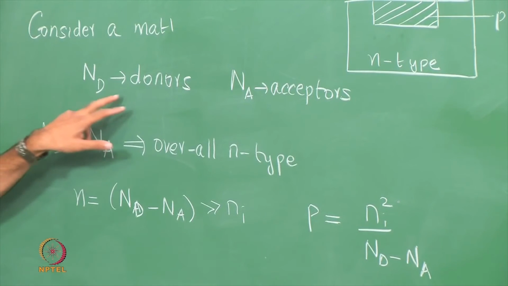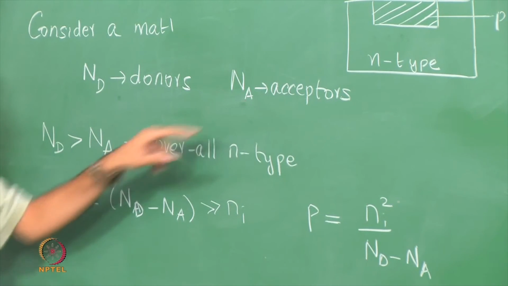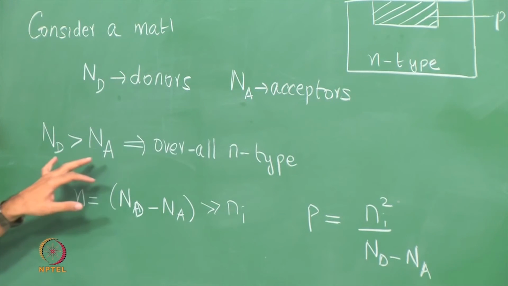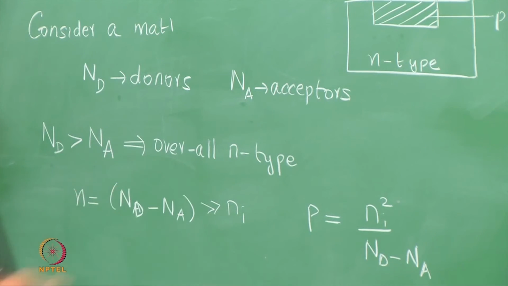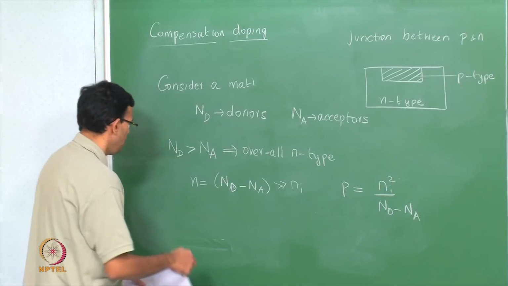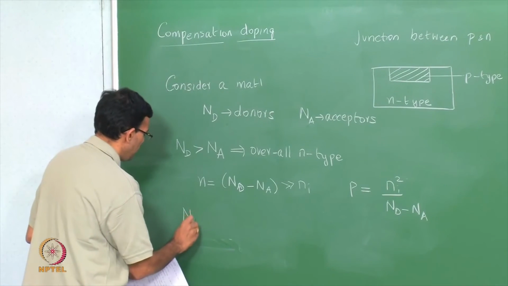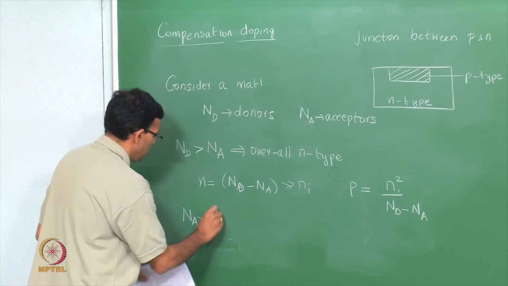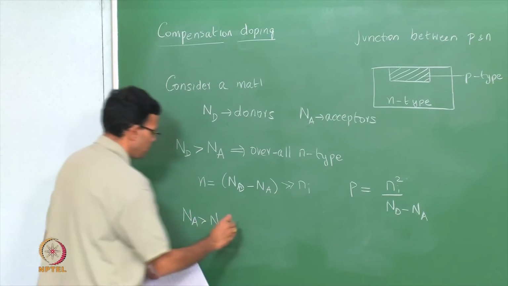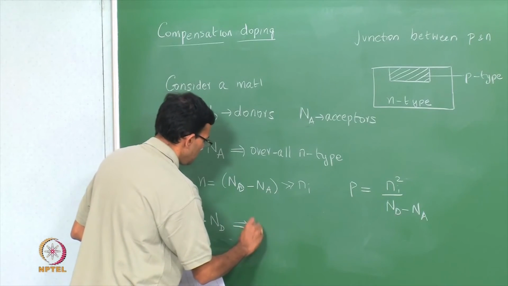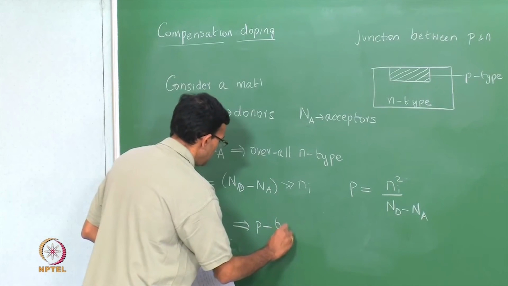So, we have both donors and acceptors, but if the concentration of donors is more than acceptors, the material is said to be overall n type material. On the other hand, if you have Na greater than Nd, it is the reverse case. Overall it is a p type material.